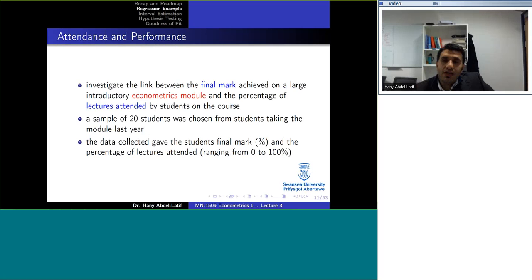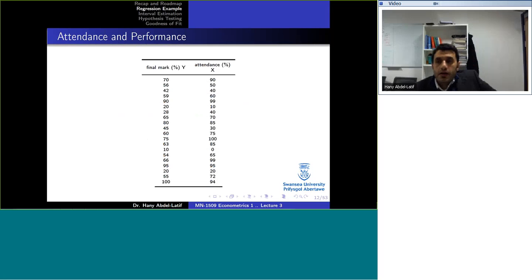So we collect a sample of data about 20 students from last year: the final mark and the percentage of lectures attended, which would be from 0 to 100%. Here's the data we have. We have the final mark, which I call Y, and attendance, which I call X, as I explained in the lecture.